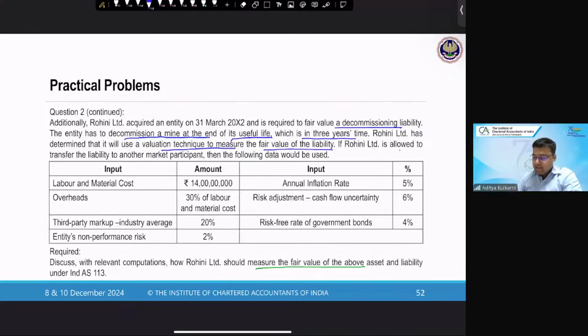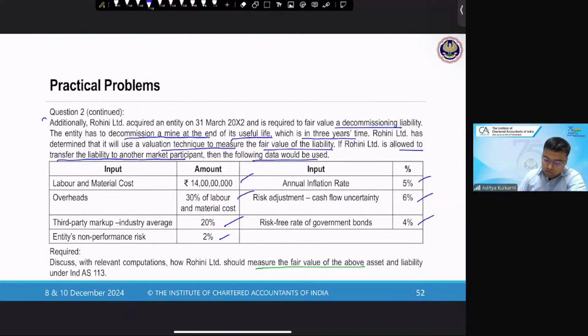If Rohini is allowed to transfer the liability to another market participant, following data would be used. Labor and material cost, overheads, third party markup, this is your profit margin, what we saw, non-performance risk 2%, annual inflation rate 5%, risk adjustment cash flow uncertainty 6%, and government bonds risk-free rate is 4%.